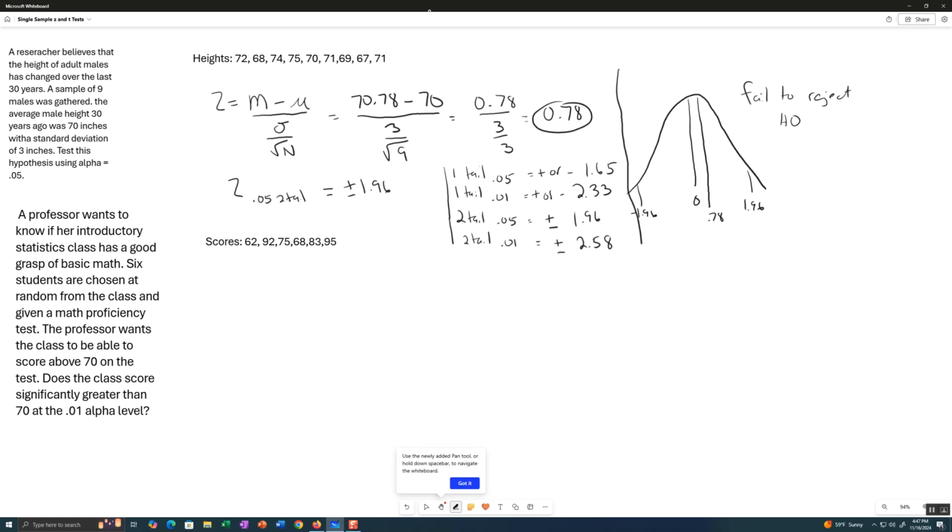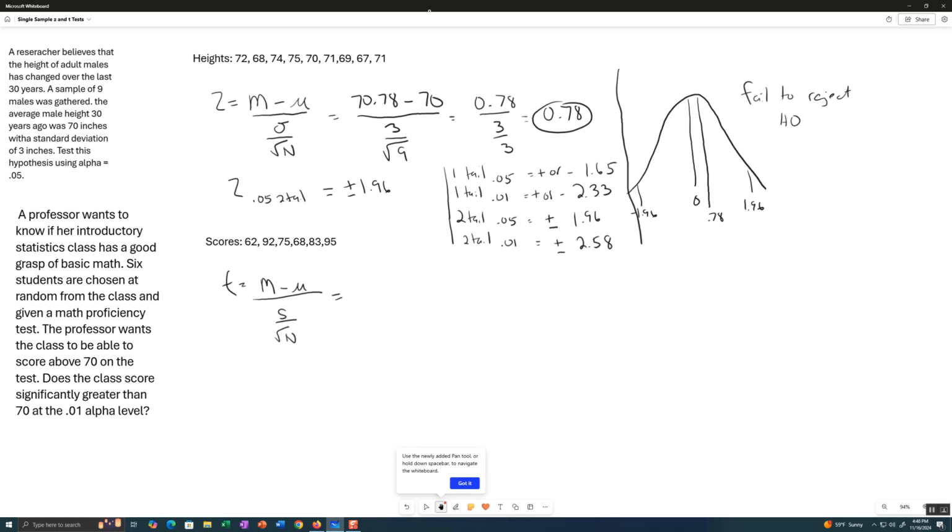We do not have the standard deviation here of the population. So since we do not have the standard deviation of the population, we have to use T. So this is going to be one sample T, which is going to be the same as the top here: mean of the sample minus the mean of the population over S divided by square root of n. So S is approximating sigma here.